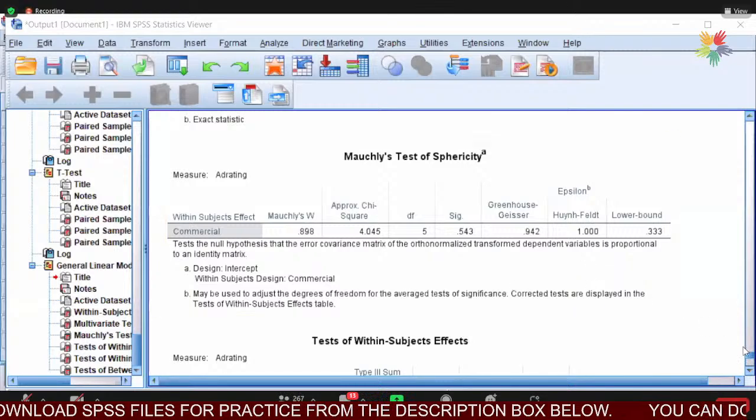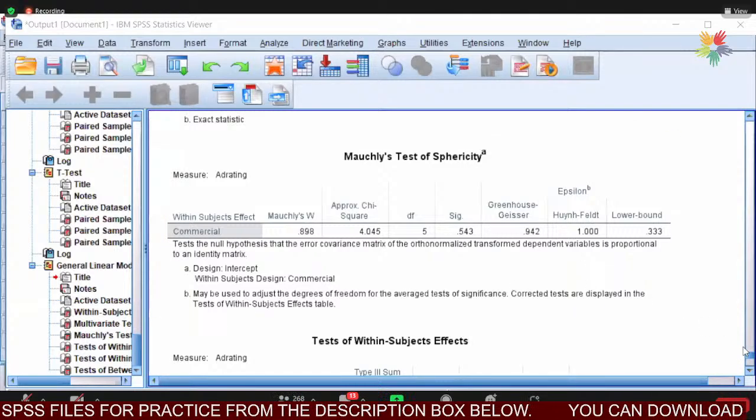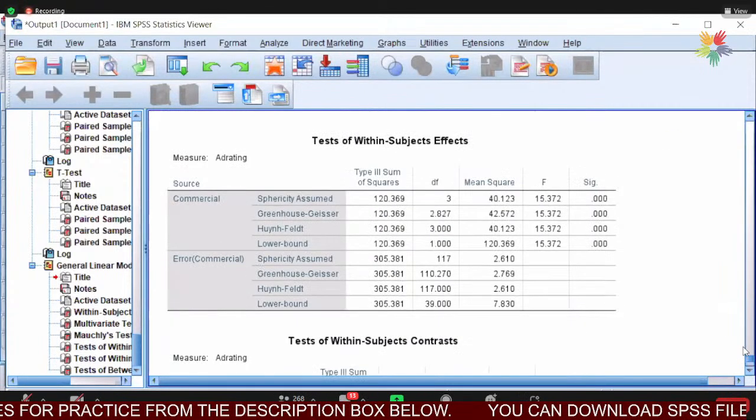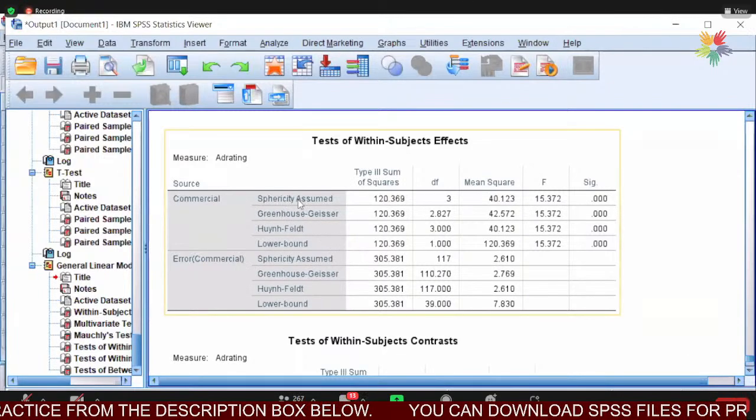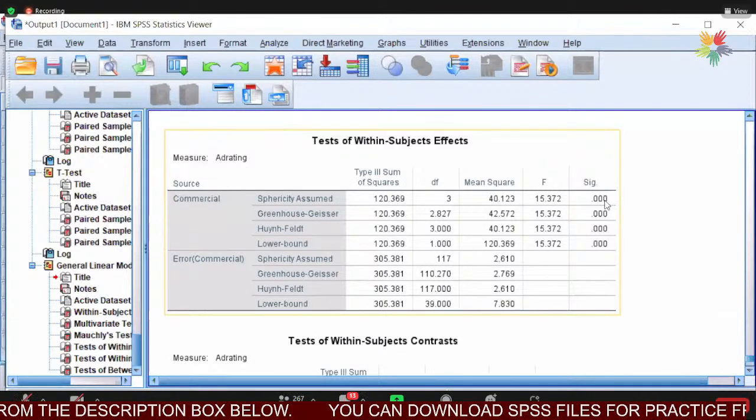If you have sphericity, you use the sphericity assumed significance value.